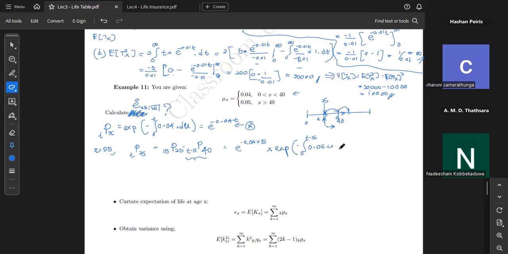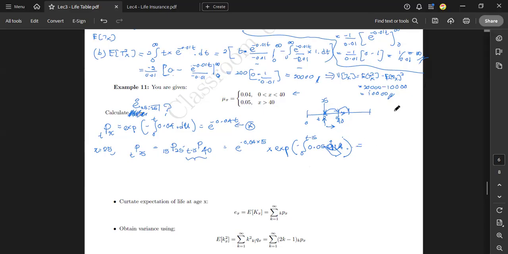We can integrate with respect to du, and this gives the compound probability of survival for this person.